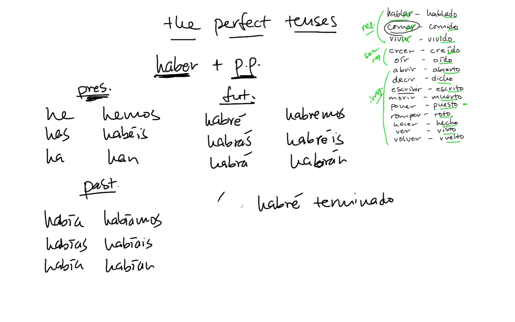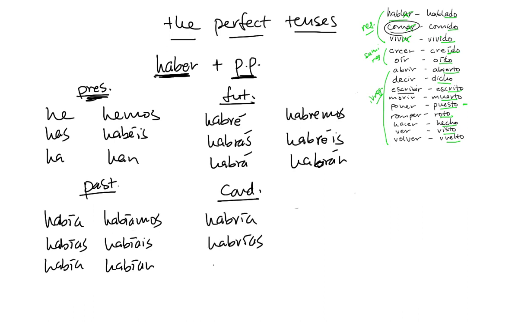Okay? So finally, you can guess what the conditional perfect is going to be. You take the conditional tense of haber, again the irregular form, and you end up with habría, habrías, habría, habríamos, habríais, and habrían.